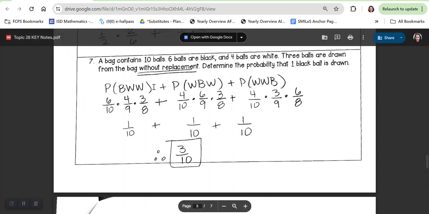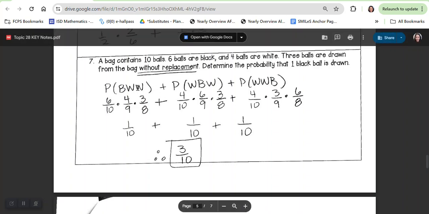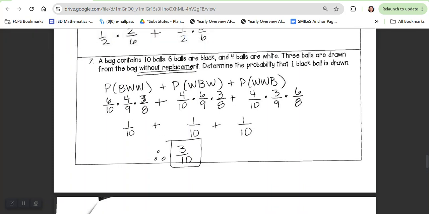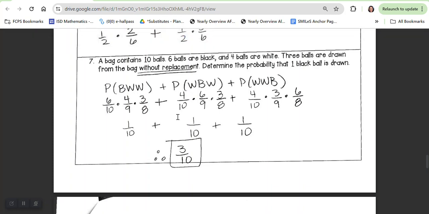And in the first one, we had 6 black balls, and then we took 1 out, and the next one will be white, which is 4, and then white again, and we took a white one out, so now we only have 3. The next one, first we had 4 out of 10 for white, and we took a ball out, so we only had 9 left, but we still had 6 black balls, so 6 out of 9 is going to be the next one.